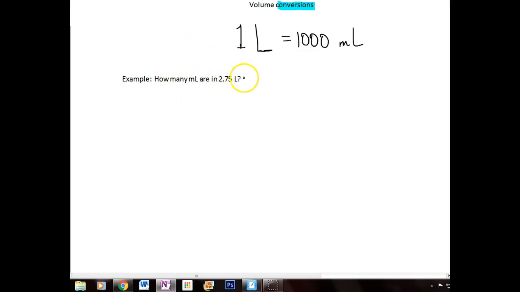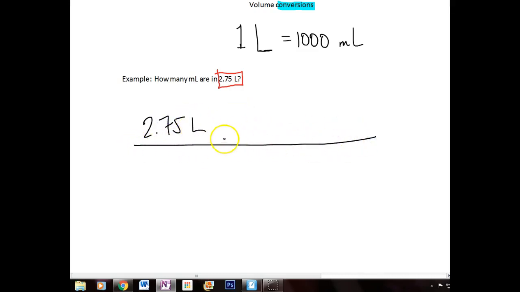First off, in this question, how many milliliters in 2.75 liters, I'm going to identify my known or given quantity, and that is 2.75 liters. I'm then going to write that down, 2.75 liters, just like this, and draw a line under it, and another line here, making a little picket fence. Then I'm going to identify what I'm looking for, my unknown.